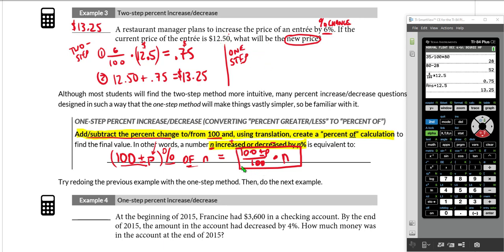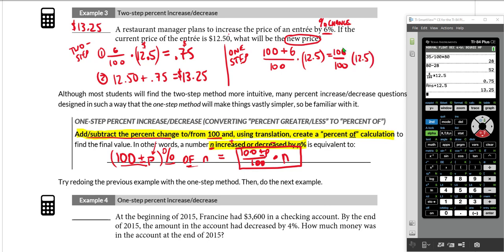If we're just using the formula that we did down here, we just do 100 plus p, where p is the percent change. In this case, that's 6%. And again, we're adding because this is an increase. So 100 plus 6 over 100 of the starting value, which we know was 12.5 in this case. And notice what all that equals. It equals 106 over 100 times 12.5.